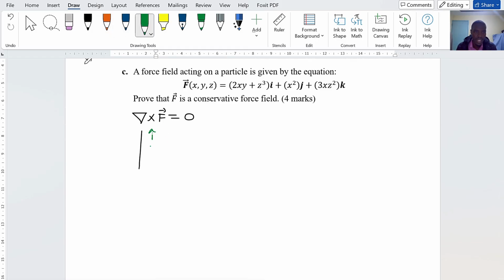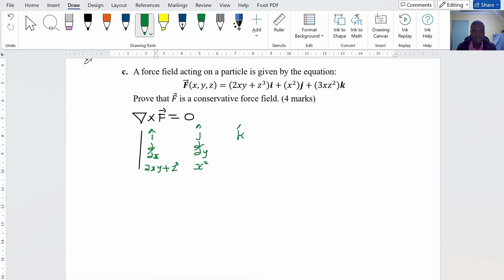First is d over dx, and f of x, which is on the i, will be 2xy plus z cubed. Then j is d over dy, and f of y is x squared.